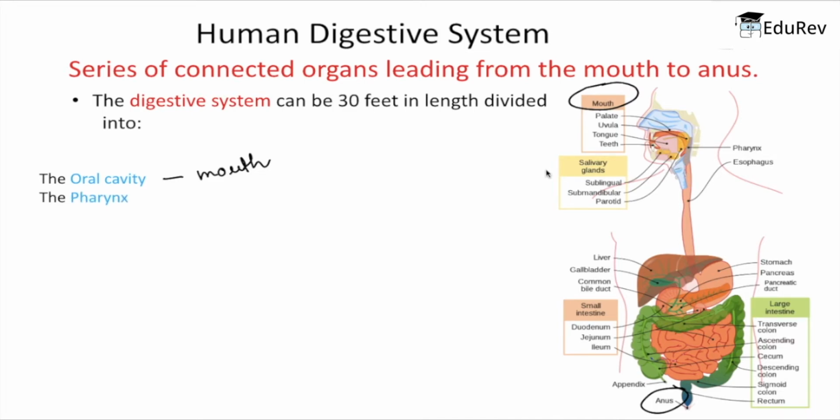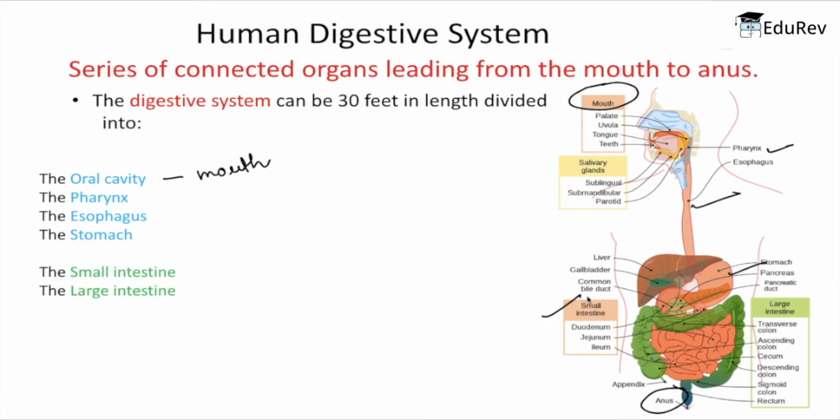Next comes the pharynx, just after the mouth, and the next part is the esophagus. After that comes the stomach, then the small intestine, then the large intestine.